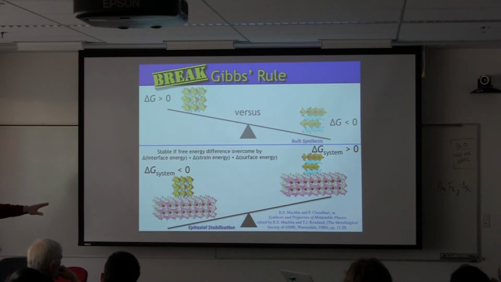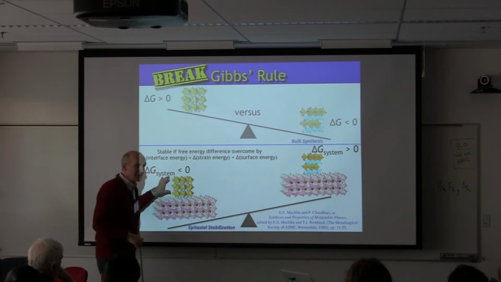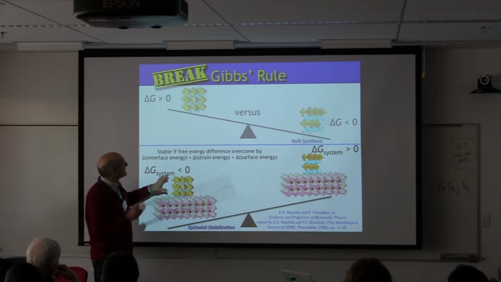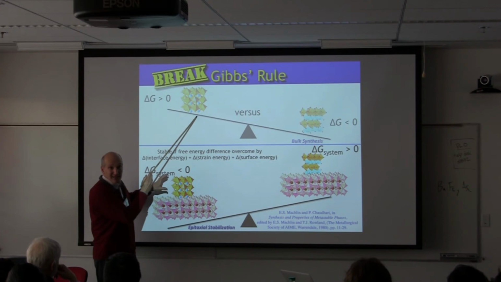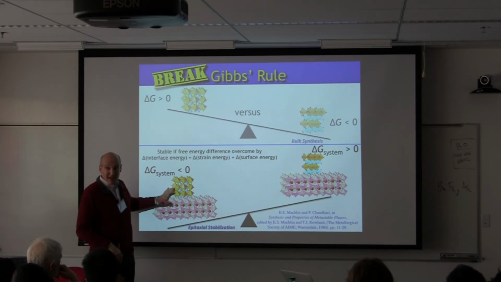It's called epitaxial stabilization. But I want to emphasize, it's not just the thin film on its own. The thin film on its own wants to make this. You can't do that. It's the combination of the appropriate substrate with the thin film. And here's where I think a lot of progress can be made in targeting cool properties.